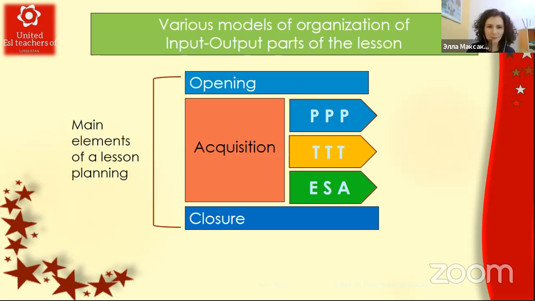You can see that there are some abbreviations here, and they are the variations of how you can plan your teaching practice part. Maybe some of you already know what they mean, and you can help me to decipher these letters, orally or by typing in the chat.